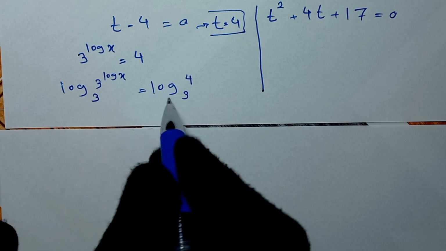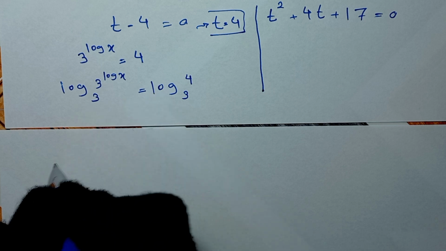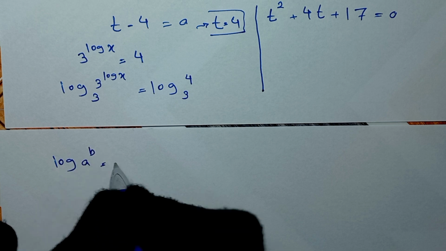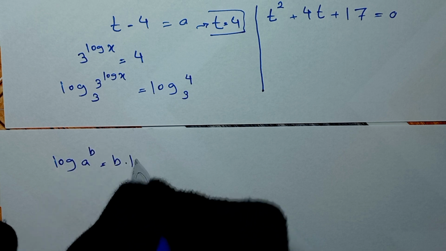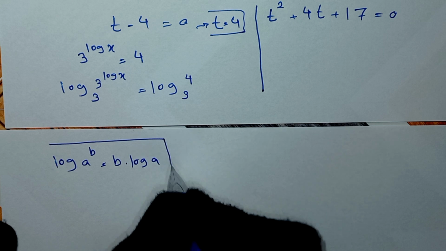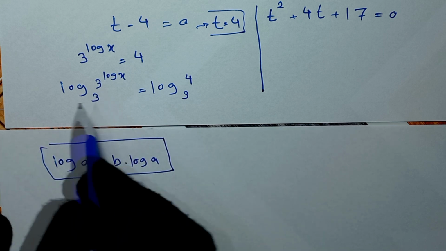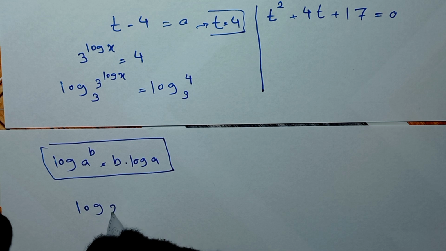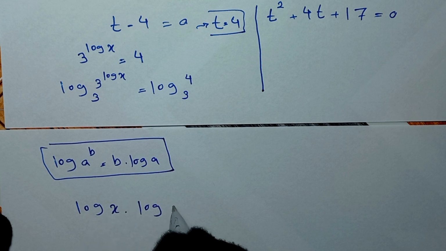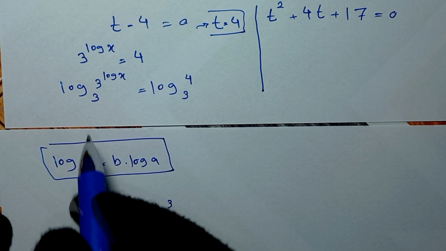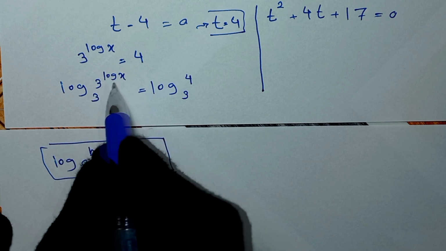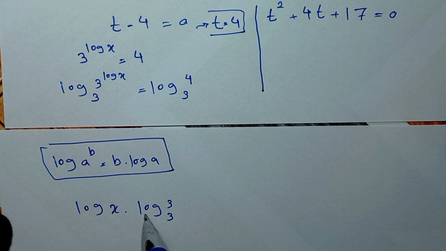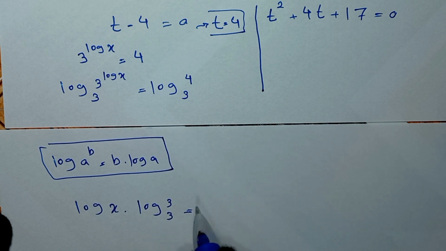From log rules, if we have log of a to the power of b, we can write this as b times log of a. So we take the power log x outside, and it will be log x times log base 3 of 3 is equal to log base 3 of 4.